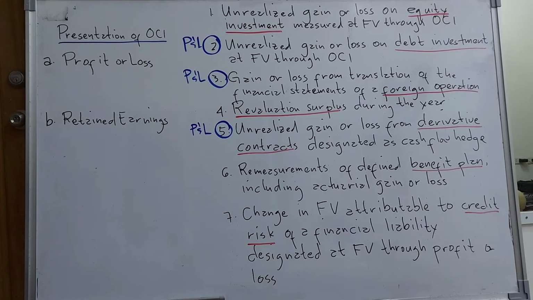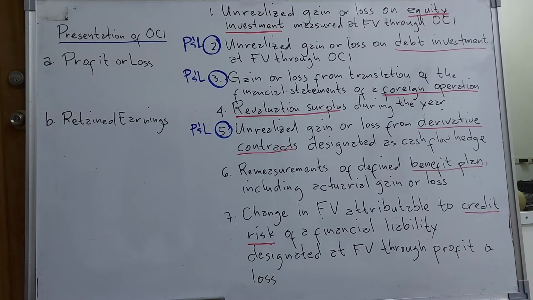So, classified or reclassified to retained earnings. So, ito yung unrealized gain or loss on equity investment, then revaluation surplus, okay, then remeasurements of defined benefit plan, and yung last, change in fair value attributable to credit risk of a financial liability.